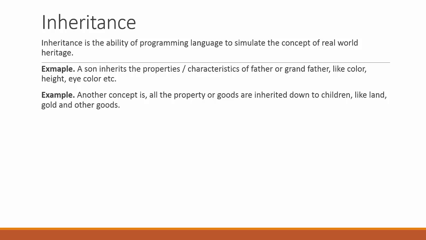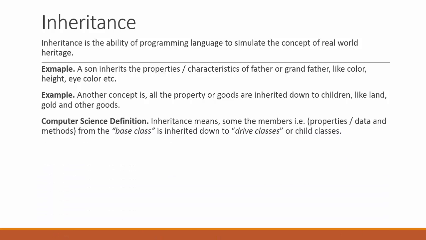Similarly, there is another example, that all the belongings of the father will be inherited down to the children, just like the land property or a home property or the gold, or all the goods related to the father will be inherited down to their children.